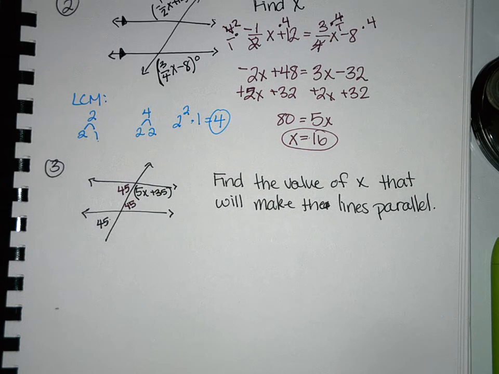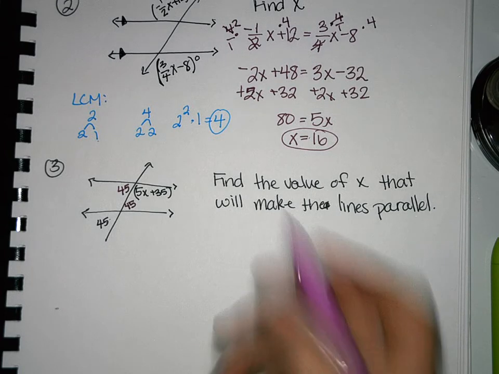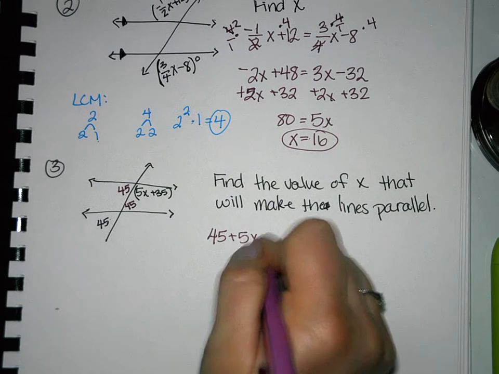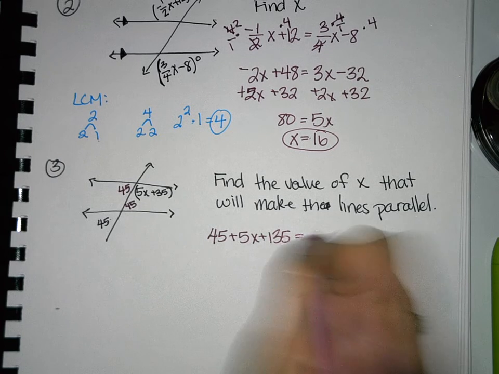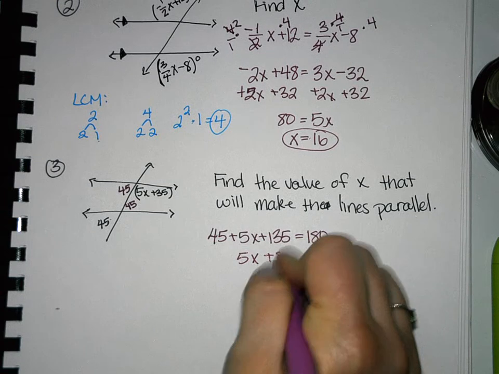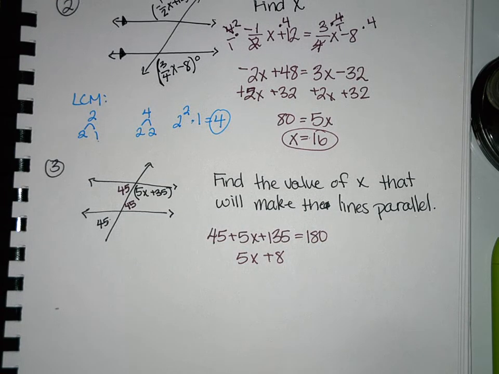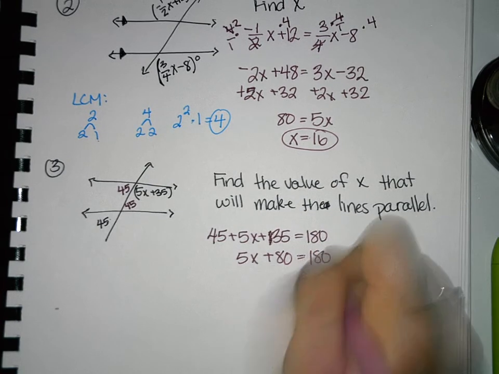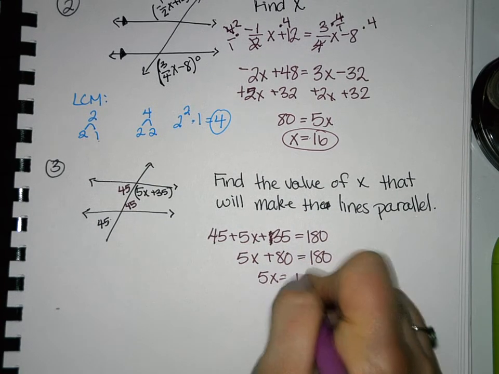So if you don't see a relationship right away between the angles, use what you know is equal to rewrite it to find a relationship that you could possibly use. So 45 plus 5x plus 35 equals 180. 5x plus 80 equals 180. 5x equals 100, so x is equal to 20.